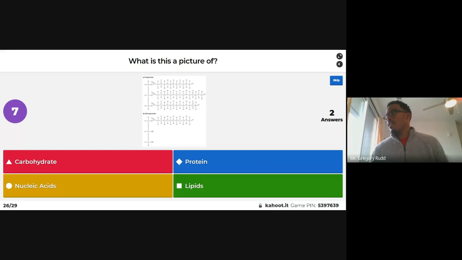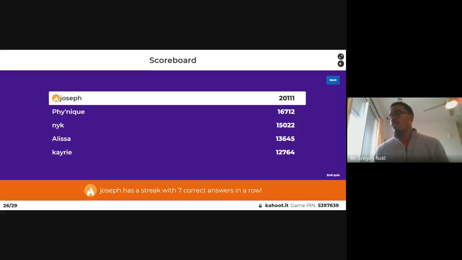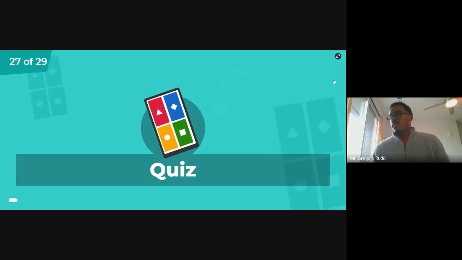A backbone and tails. All right. Yeah, that was a tough one. That was a lipid. That was a picture of a lipid with the glycerol backbone and the 3 fatty acid tails. Good job, Joseph. 3 more questions.